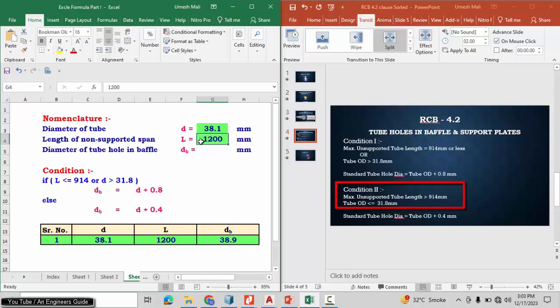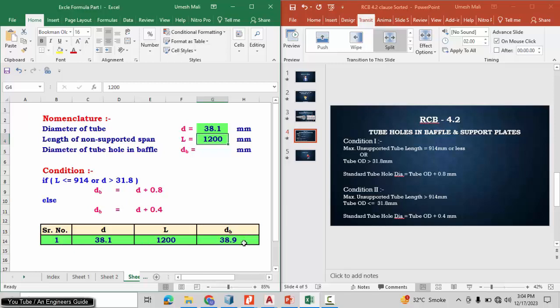What happens here is, though your unsupported tube length is greater than 914 mm, your diameter of tube is not less than 31.8. So condition 2 is not satisfied. In condition 2, both the conditions should be satisfied. Then and only then can you take a standard tube hole dia as tube OD plus 0.4 mm.